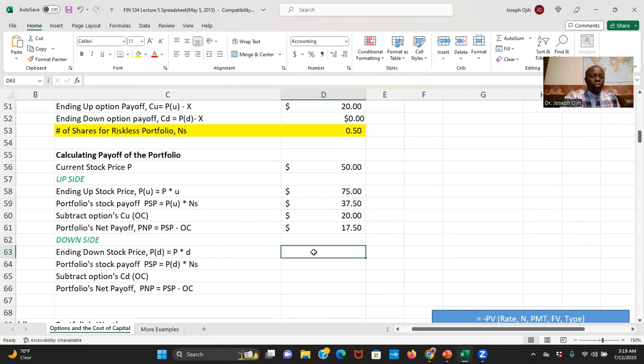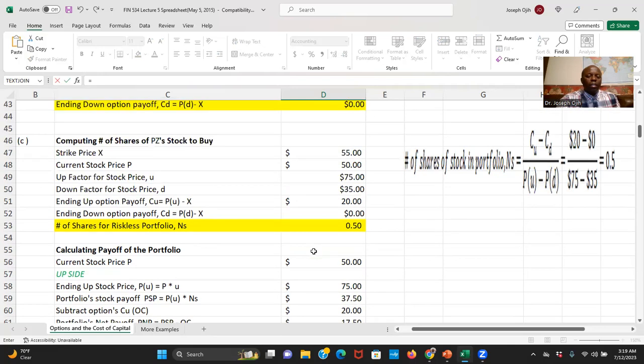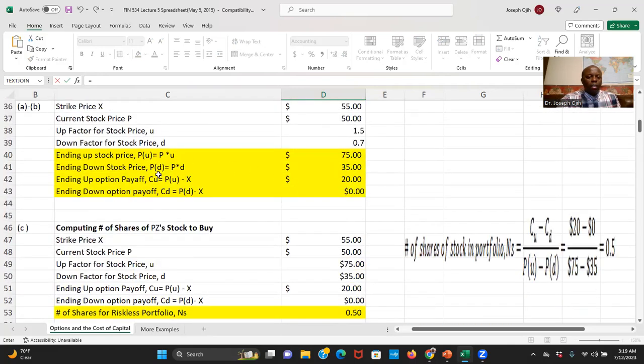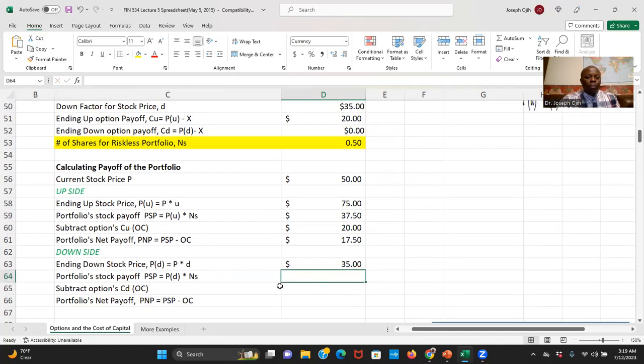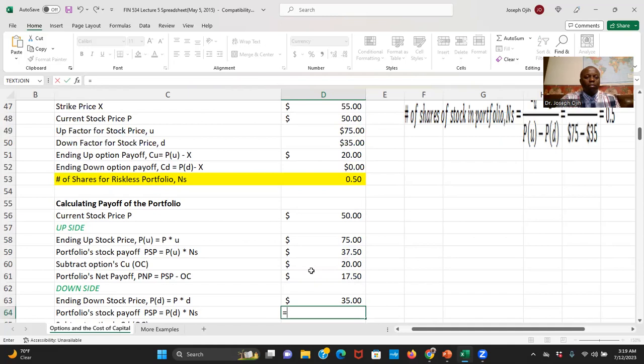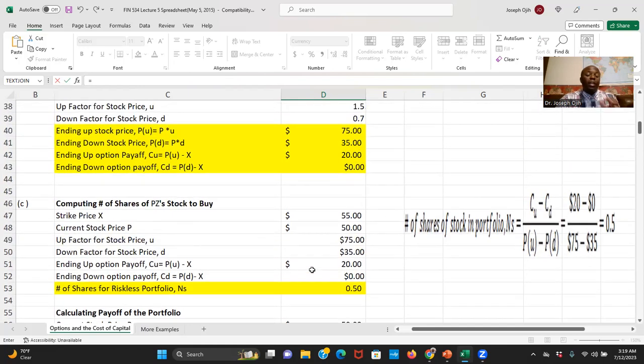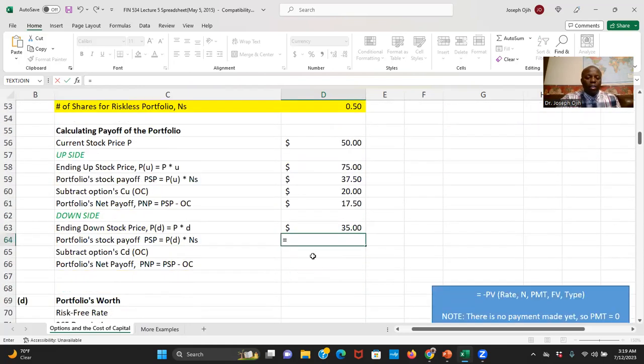The downside is the ending down stock price, right here. See, the ending down stock price is $5. Now, the portfolio payoff will be equal to PD, the ending down stock price, times the number of shares of the riskless portfolio.